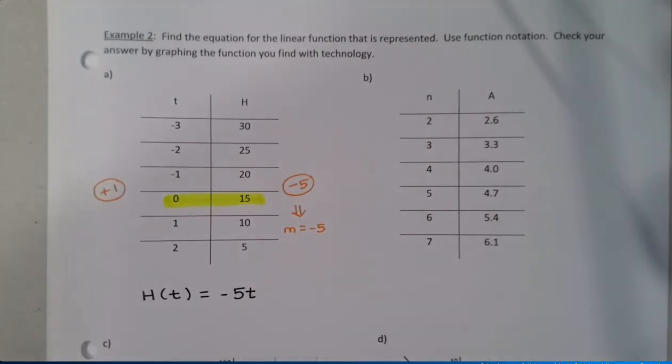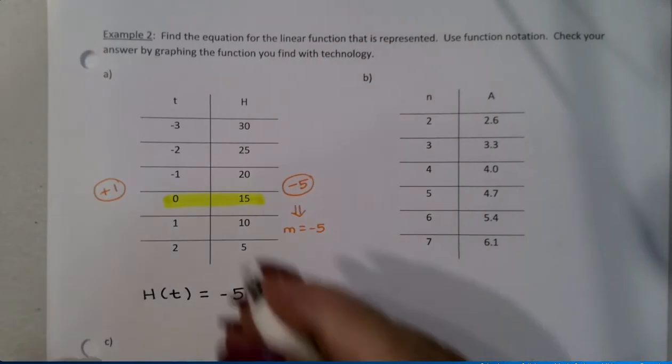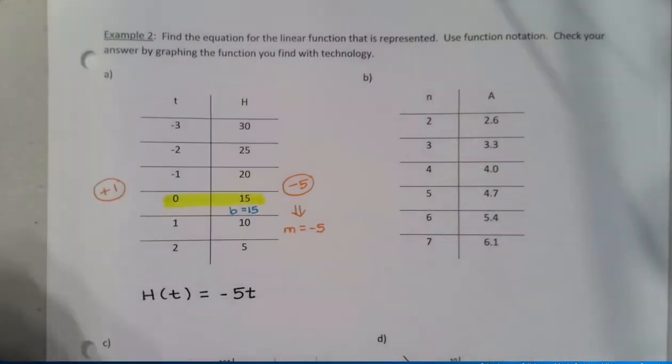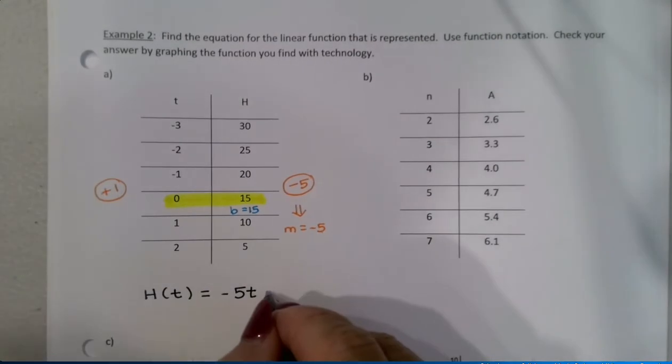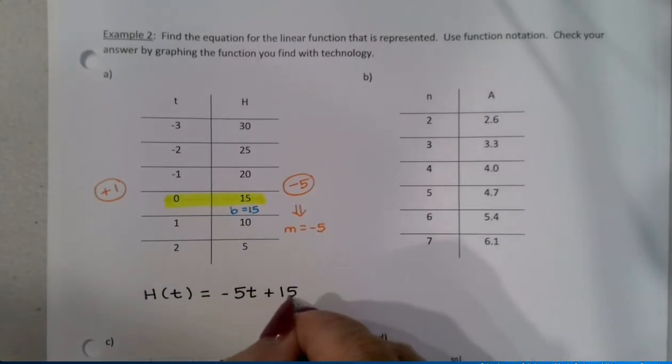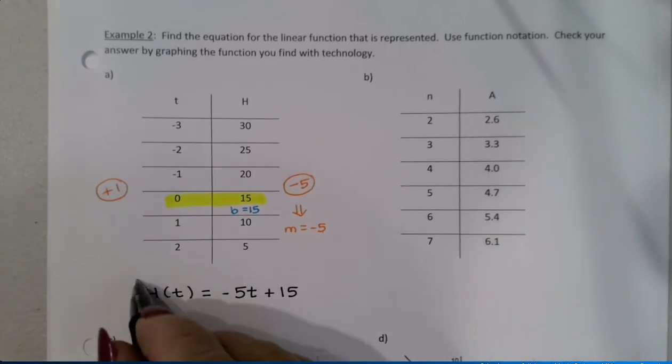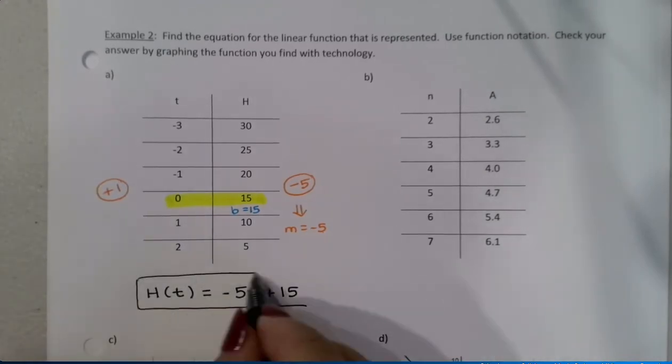So that right there tells me b is 15. So to finish my equation, I'll put the plus 15. Usually we think mx plus b. In this case, it happens to be mt plus b. But there's the equation of my line.